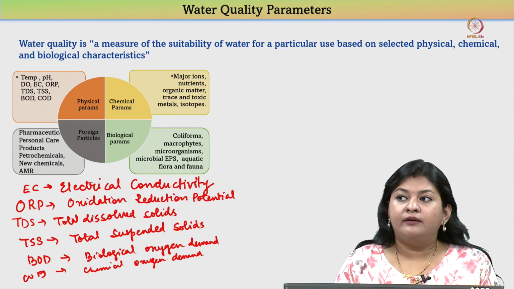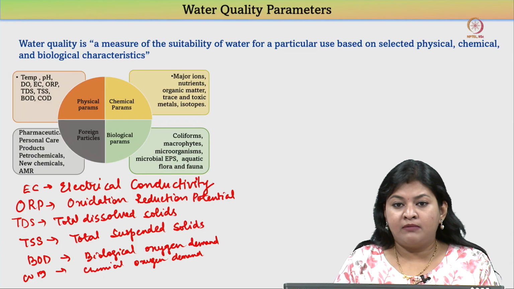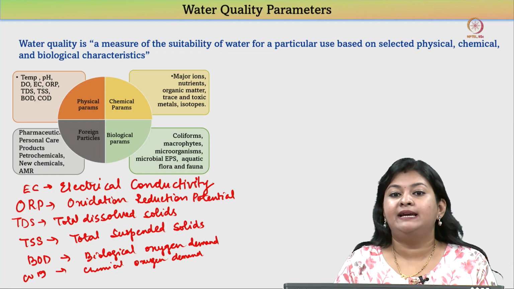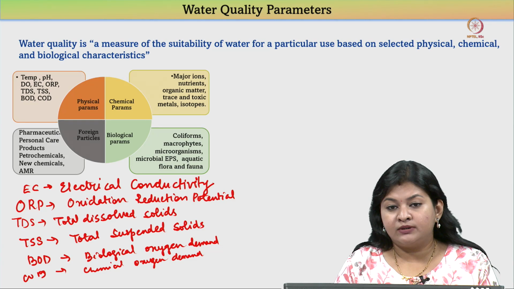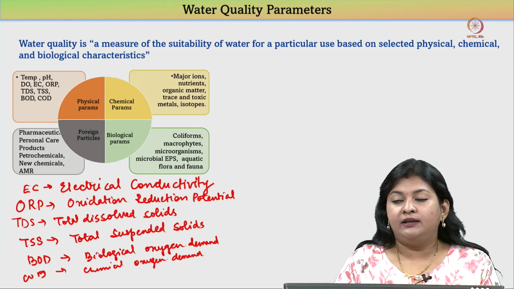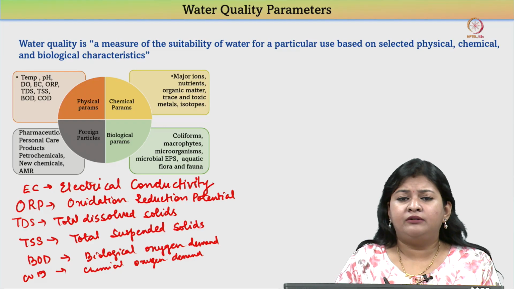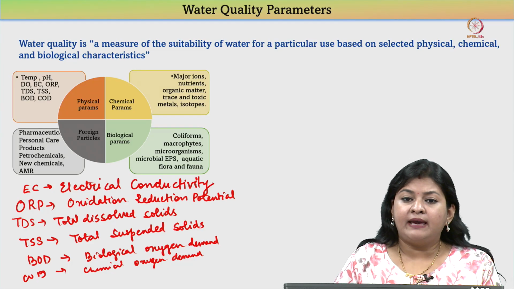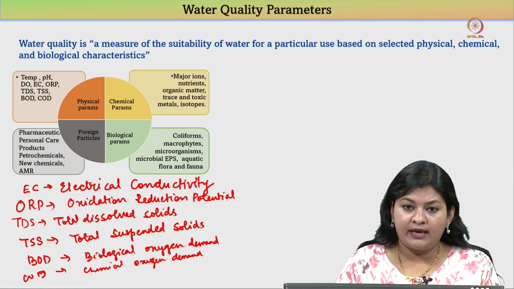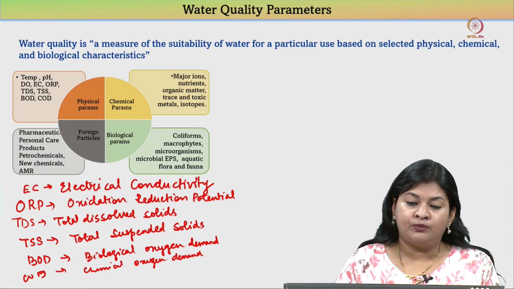So, maybe 50 years back there must not have been as many types of shampoos that we find today, as many types of different perfumes and different types of chemicals that we are using on a regular basis. That was not there a few decades ago.